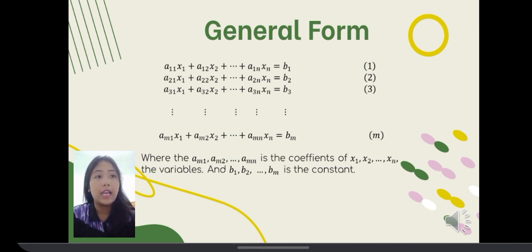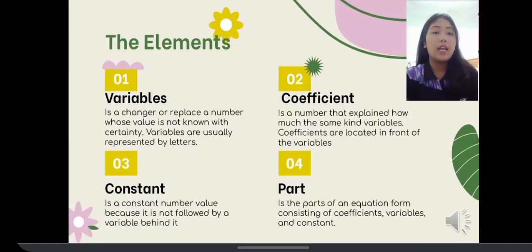It has m linear equations, with a_m1, a_m2, and a_mn as the coefficients of x1, x2 until xn, and the x's are the variables, and b1, b2 until bn are the constants.